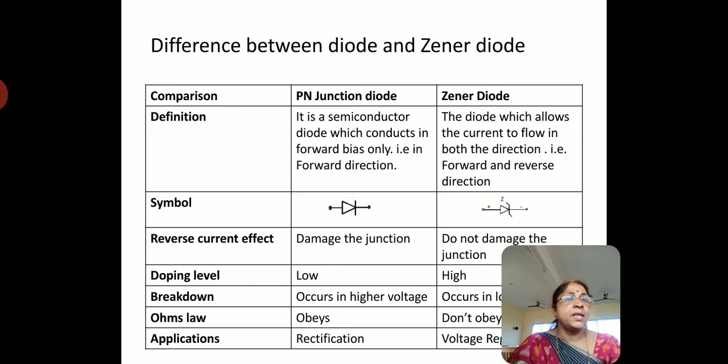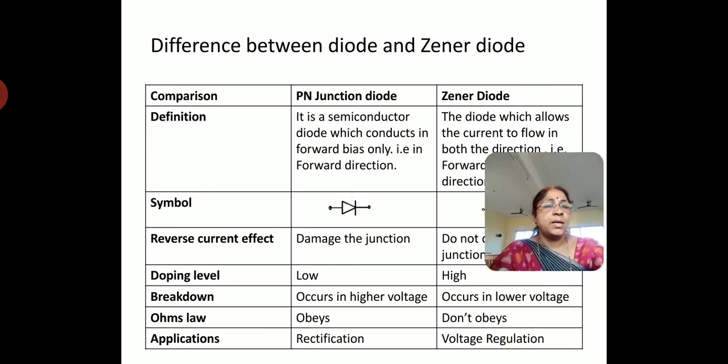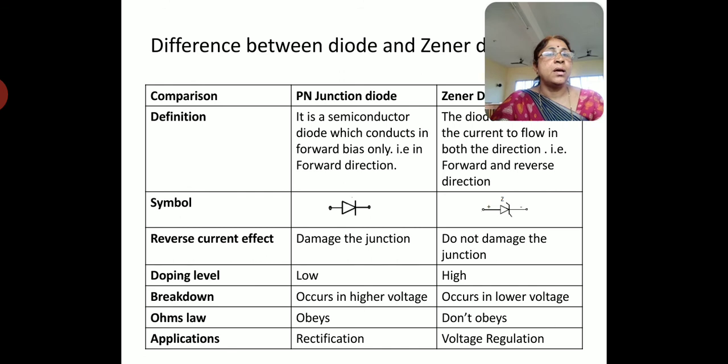The reverse current may damage the junction in the case of a diode, whereas in the case of a Zener diode, it does not damage the junction. The doping level of the PN junction diode is low, whereas the doping level of the Zener diode is high. Due to the high doping, it is not damaged in reverse bias.